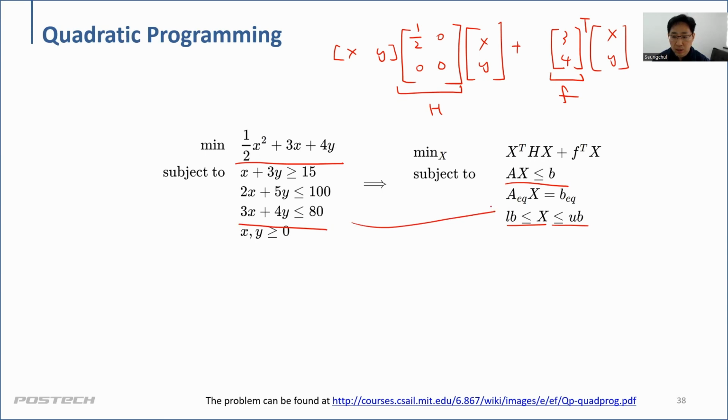We don't have any equalities. But we do have lower bound. We don't have upper bound, and we don't have equality constraint. Here again, I'm doing this part.